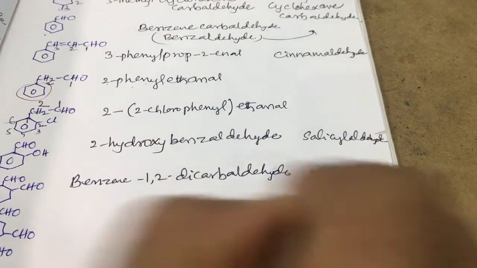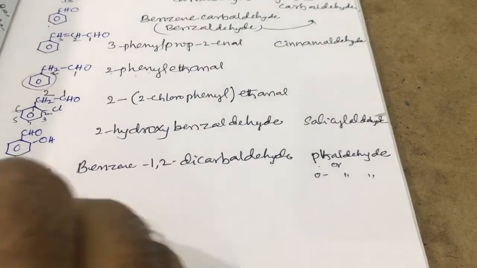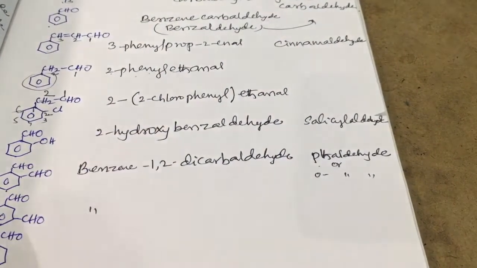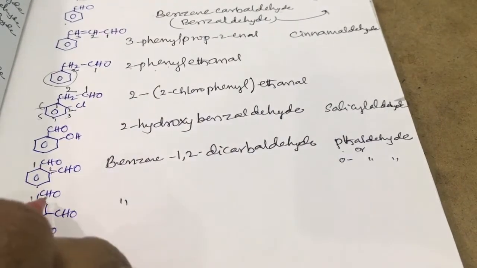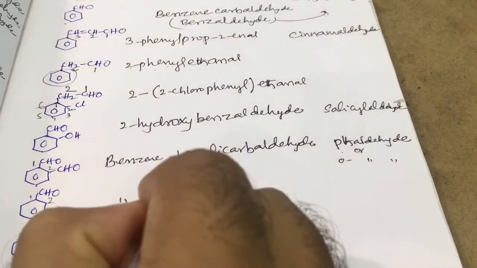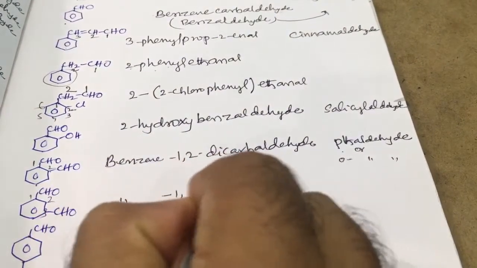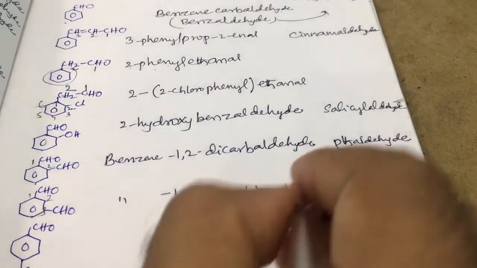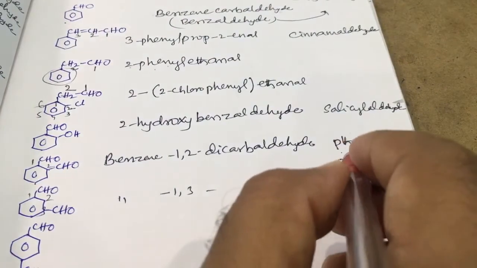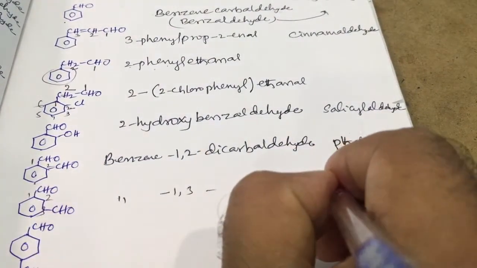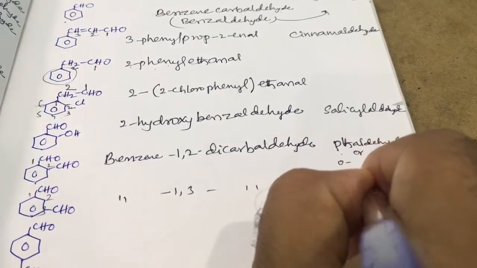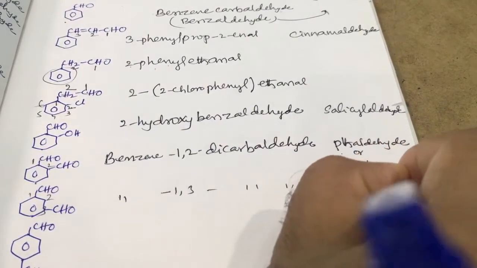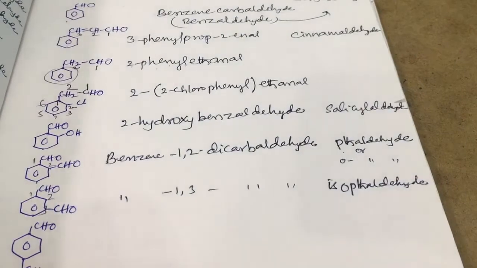This remains the same benzene, but the position numbers are different here. This is 1 2, here 1 2 3. That is called benzene 1,3-dicarbaldehyde. This is the meta position, and it is called isophthalaldehyde.